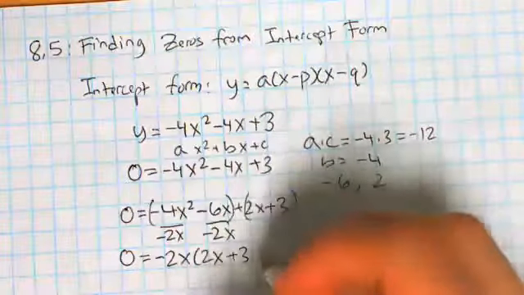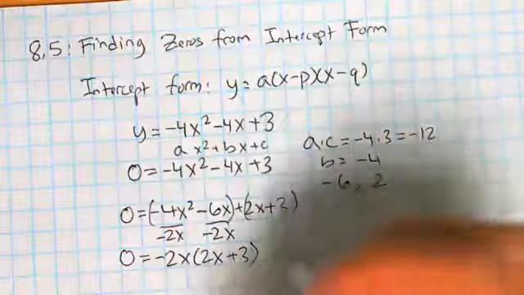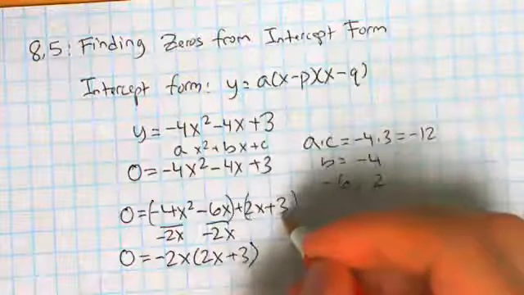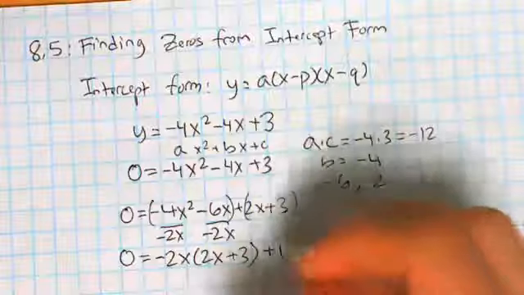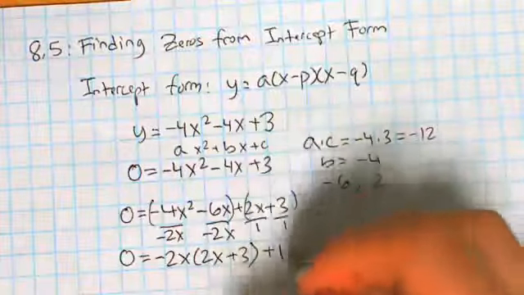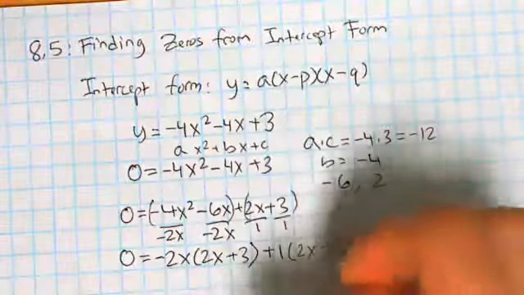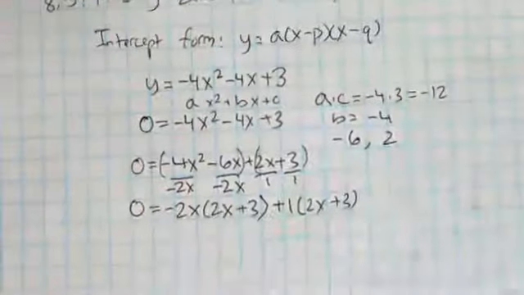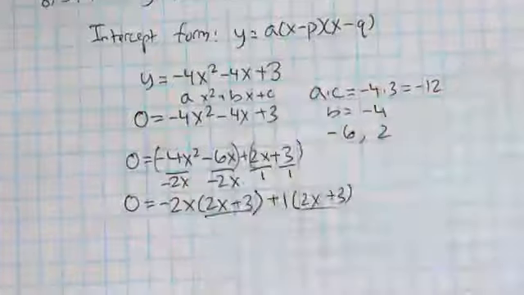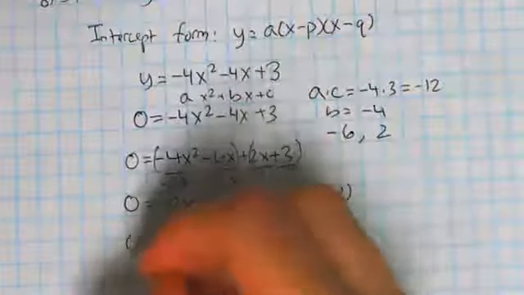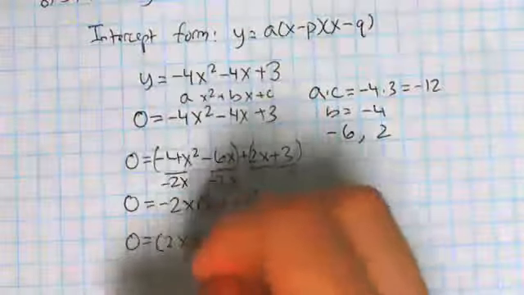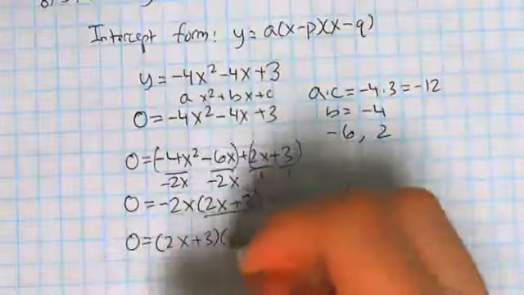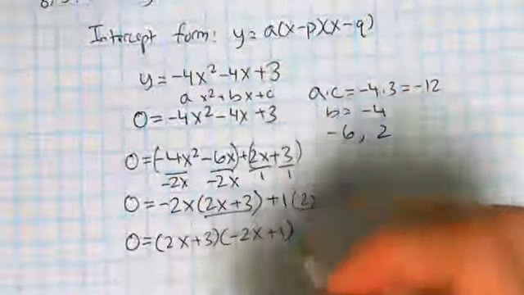Then 2x and 3 don't actually share anything in common, so the best thing I can factor out is a 1. Notice it is a plus 1. And from here, we now need to factor out our greatest common factor, which is our parentheses, which gives us 0 is equal to 2x plus 3 times negative 2x plus 1.